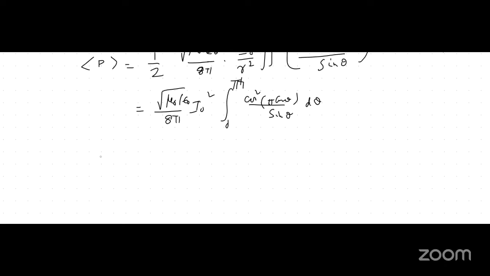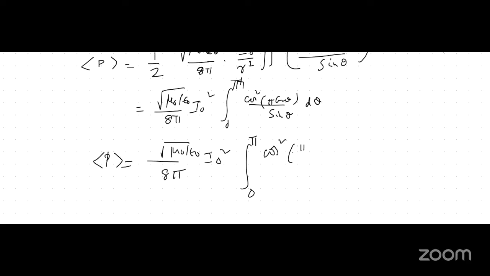So the power radiated for the half wave antenna is equal to root of mu naught by epsilon naught by 8 pi, I naught square into integration again from 0 to pi, of cos square of pi by 2 cos theta divided by sin theta into d theta.